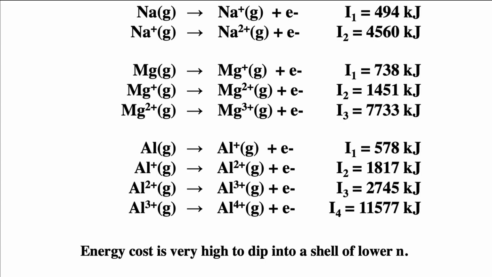And we see the same thing with the next row. Sodium typically forms a +1 ion because to lose that second electron just takes too much energy. Magnesium tends to form a +2 ion because, again, to lose that third electron takes way too much energy. And aluminum typically forms a +3 ion because to go to aluminum 4+ would just take too much energy.